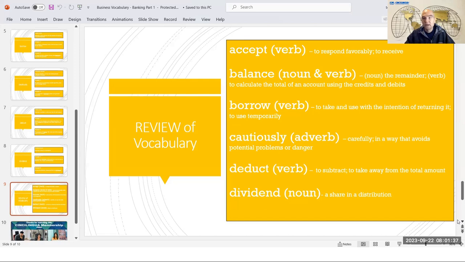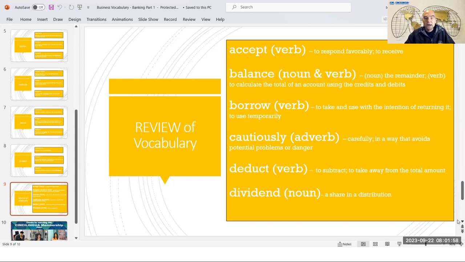Okay, so if the floor is wet, proceed cautiously because you don't want to slip and fall and injure yourself. So proceed cautiously, use caution.